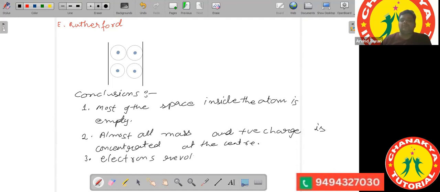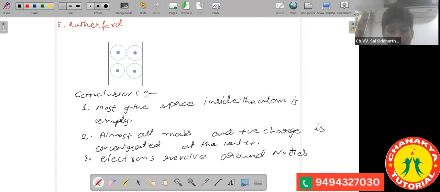So these were the three points drawn from the Rutherford model. The complete mass of the atom is concentrated at the center, and outside the center there is no mass. So, understood these conclusions?